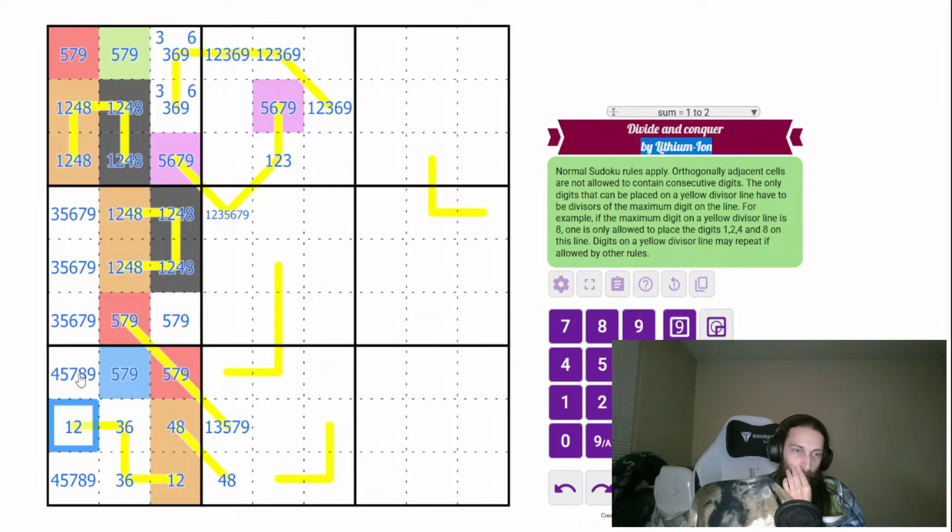So now green has to be one of these two. So now this one has to be green.